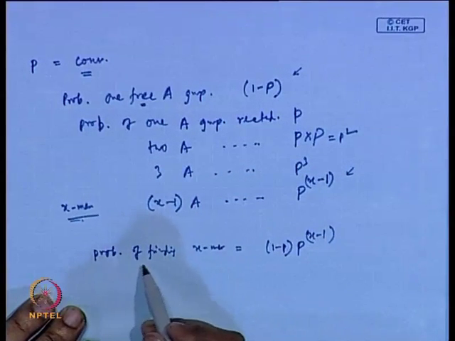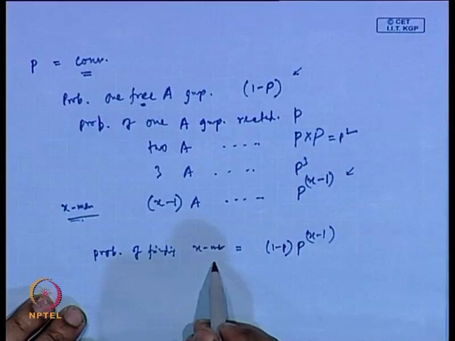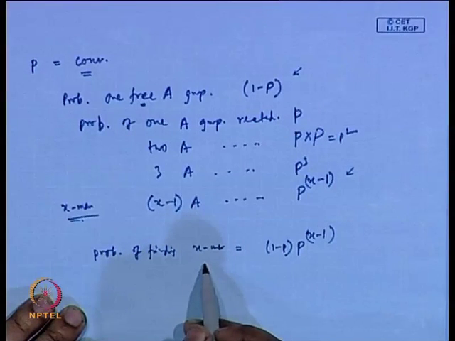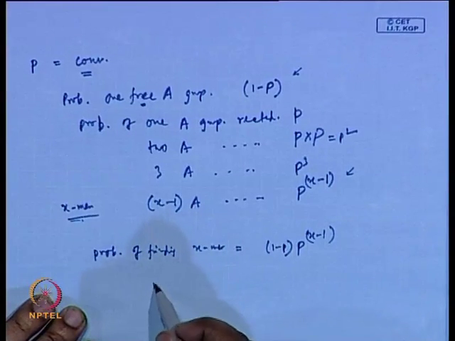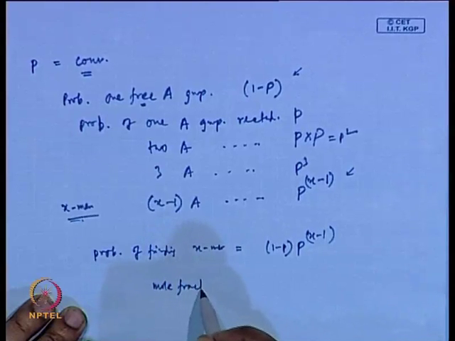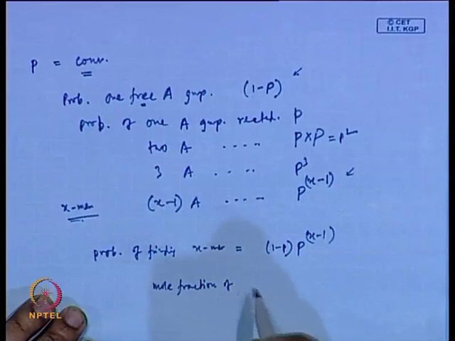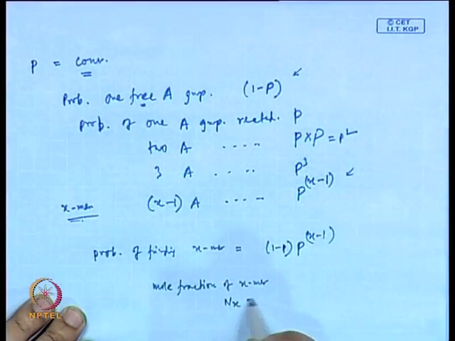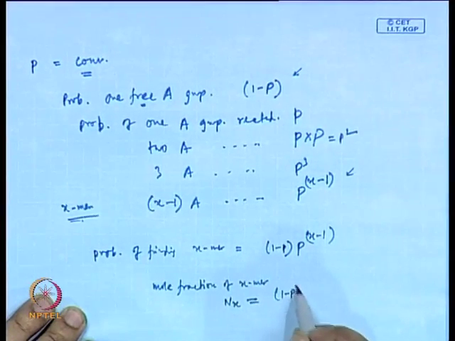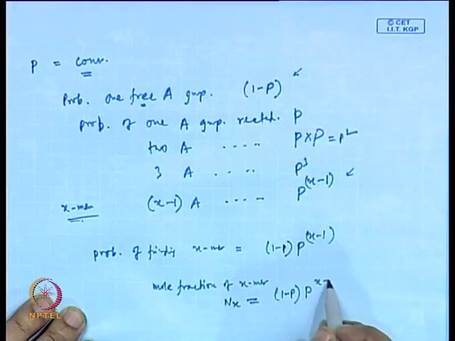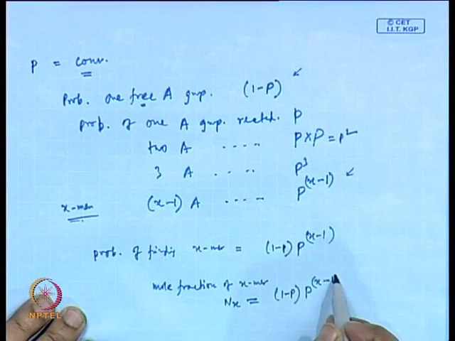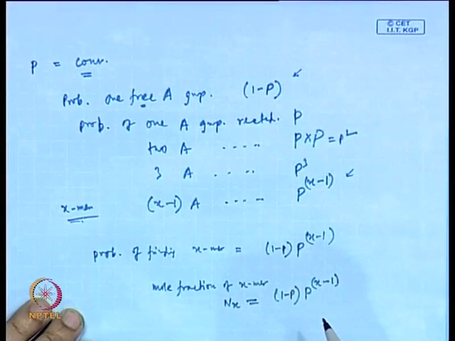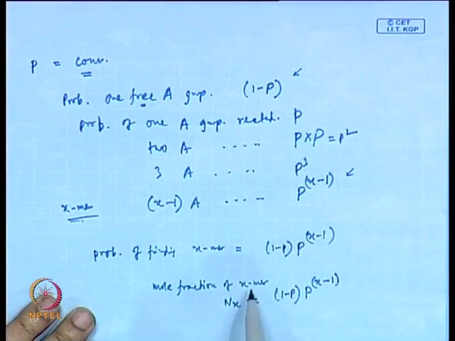Now, what does the probability of finding a chain which has x structural units mean? It is nothing but the mole fraction, or number fraction, of x-mer, say Nx by N. This is your mole fraction.